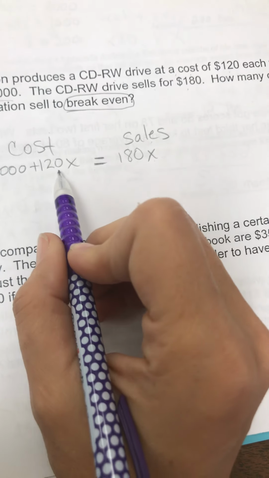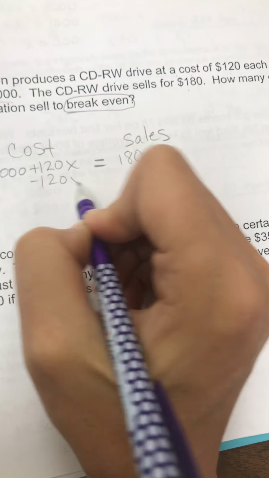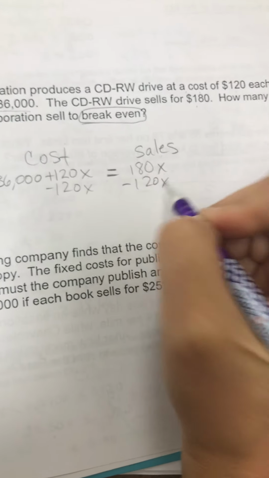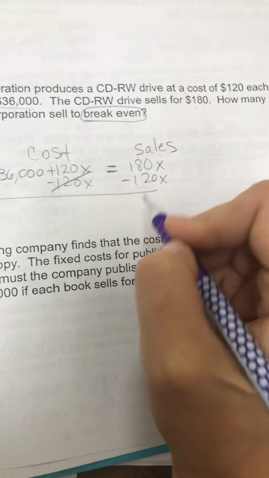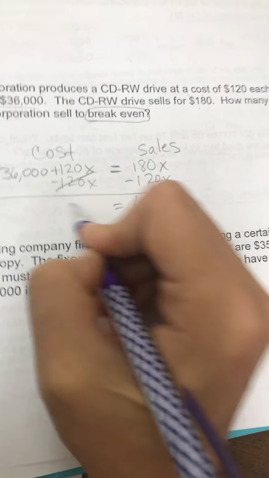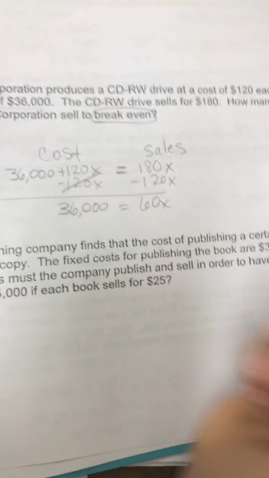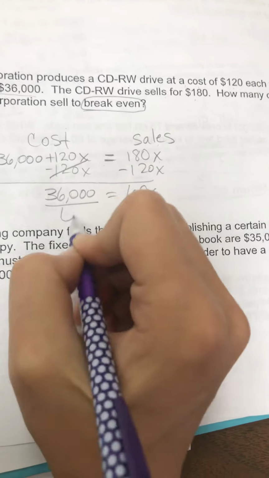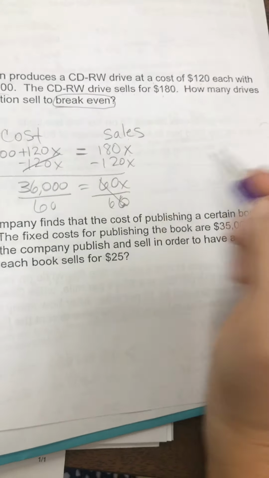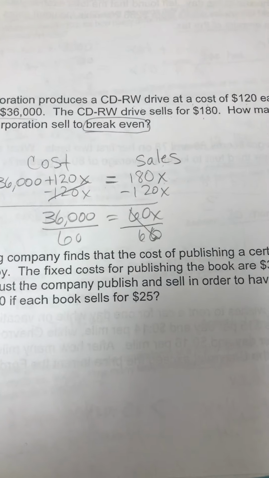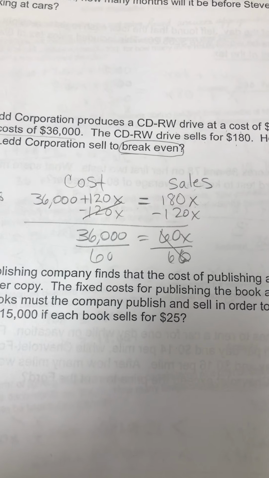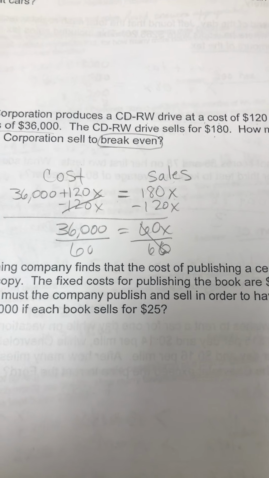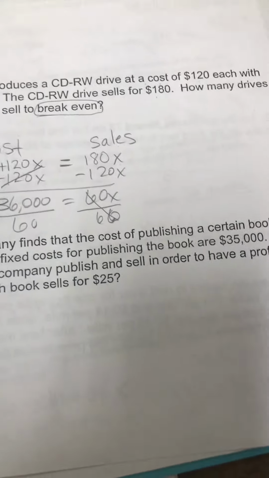All right, so now let's figure this. We need to subtract your 120x from both sides. Solve for x. You're going to get 60x is equal to 36,000. Now divide both sides by 60. And what are you going to get? These cancel, and you get 36,000 divided by 60, which is 6,000.